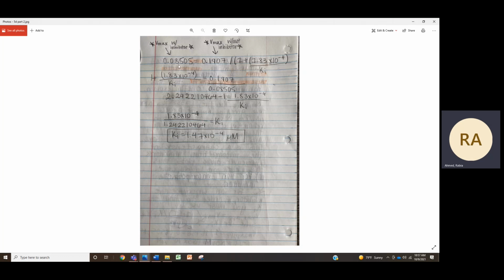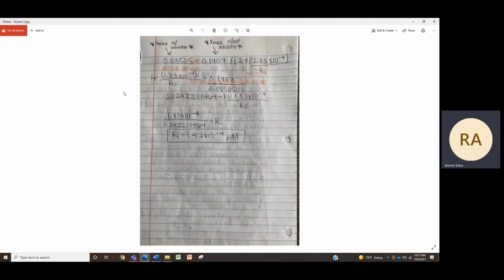So I'm going to do 0.08505 equals 0.1907 divided by 1 plus 1.83 times 10 to the negative fourth divided by Ki. This is just me plugging numbers into the equation that I starred at the beginning of 5D.